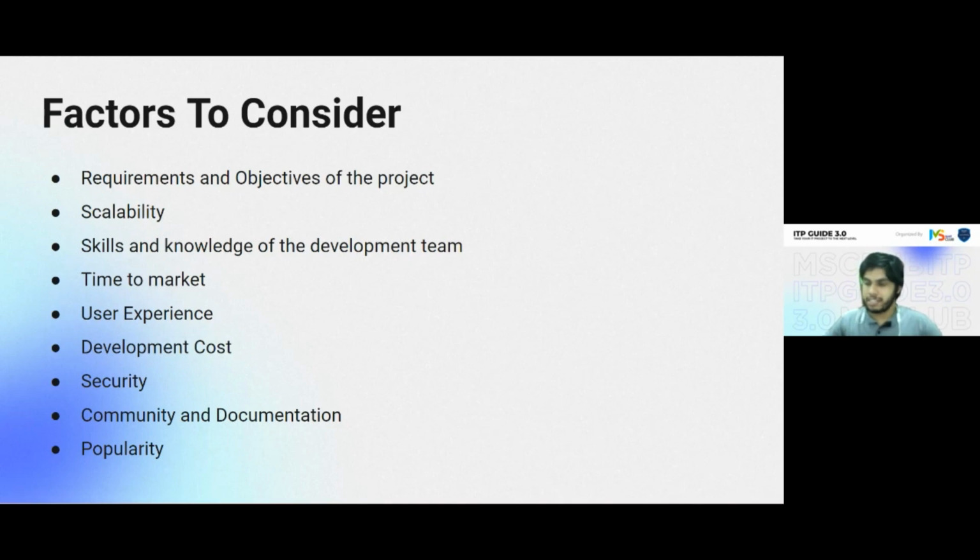You have to consider this as well, because some frameworks and libraries facilitate scalability much more efficiently compared with others. So consider if scalability is one of your concerns when building a web application for your ITP project.